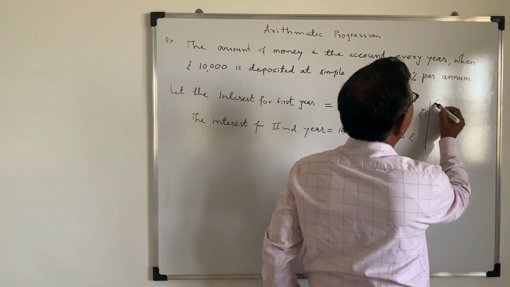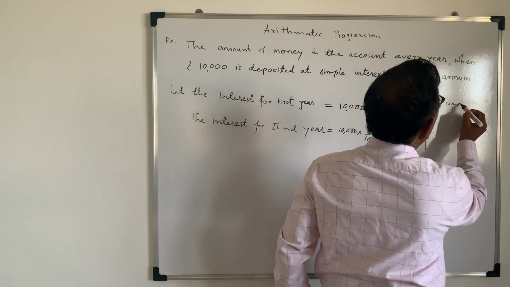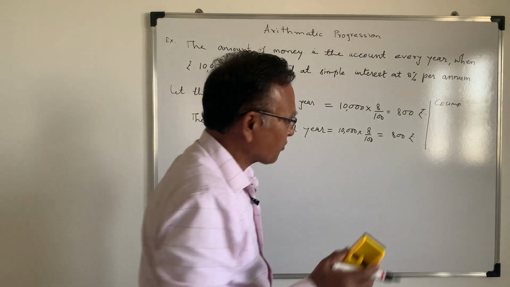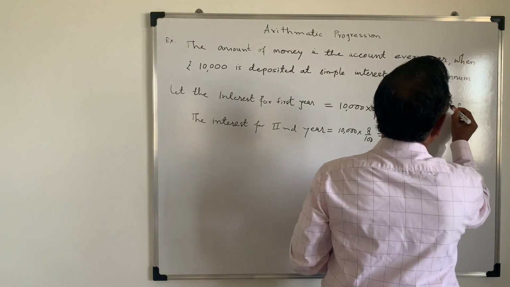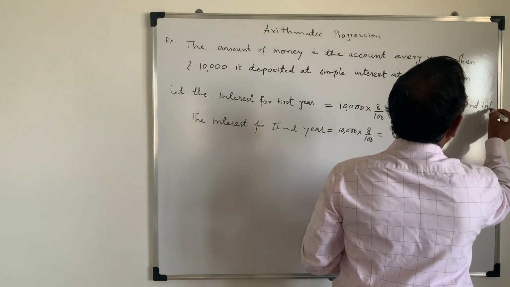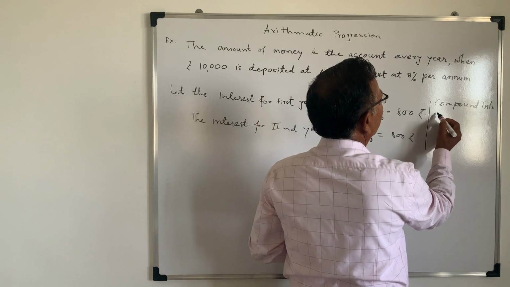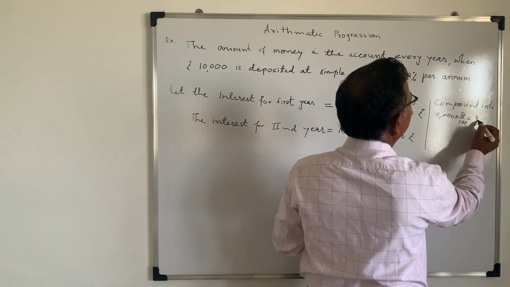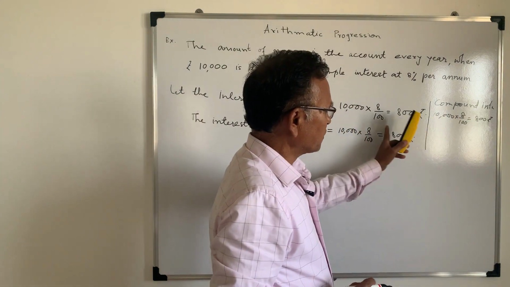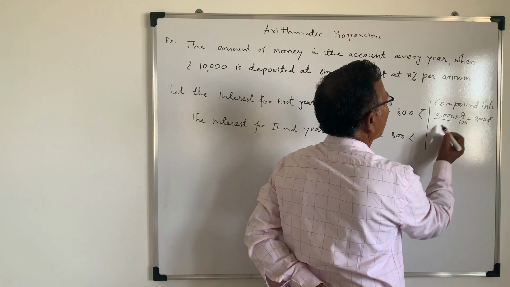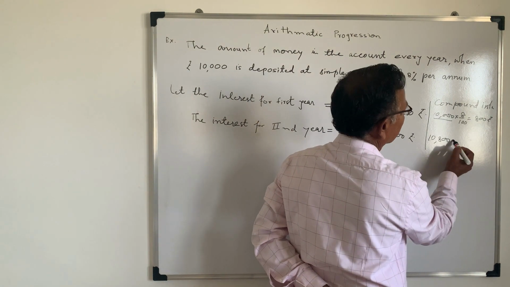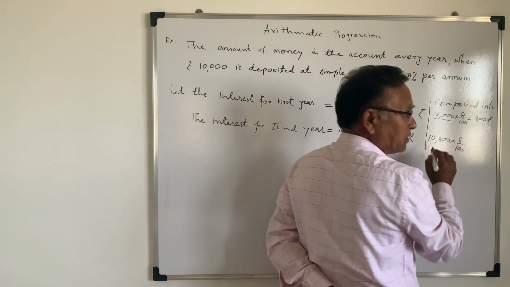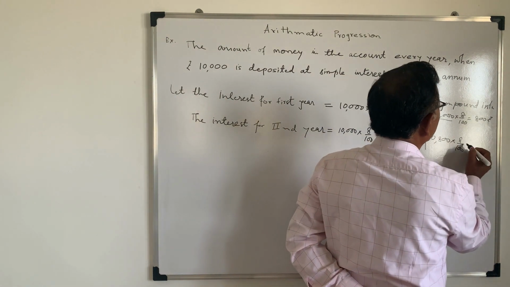In compound interest, what happens? The same 8 by 100, that means 800 rupees will be the interest for first year, and for second year the principal amount becomes 10,800, and interest on this 10,800 is credited.